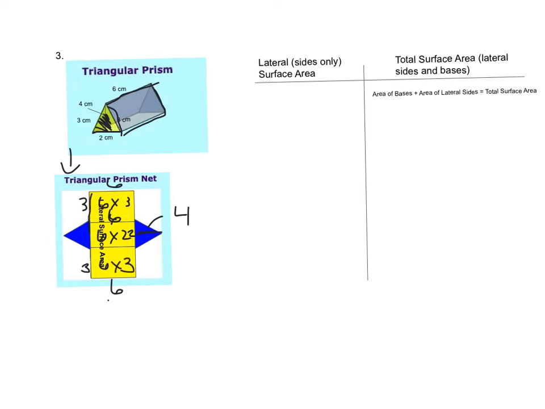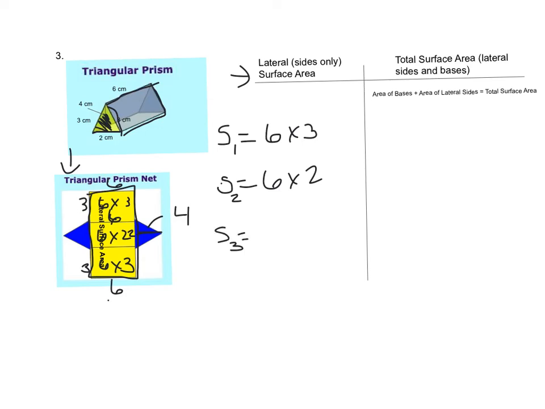So we'll use what we have here, the shaded yellow, to find, first off, the lateral surface area. So we have side 1, the area is 6 by 3. Side 2, the area is 6 by 2. And then side 3, the area is 6 by 3 again.